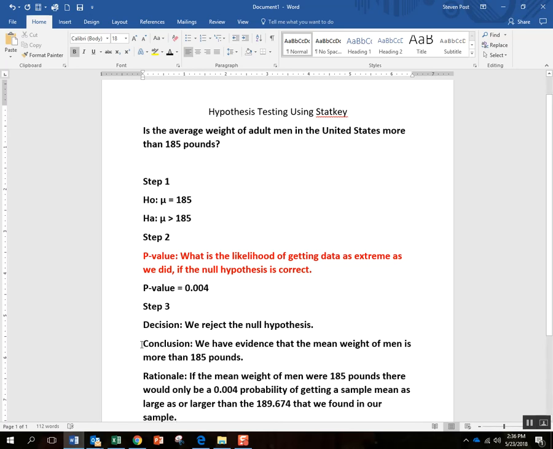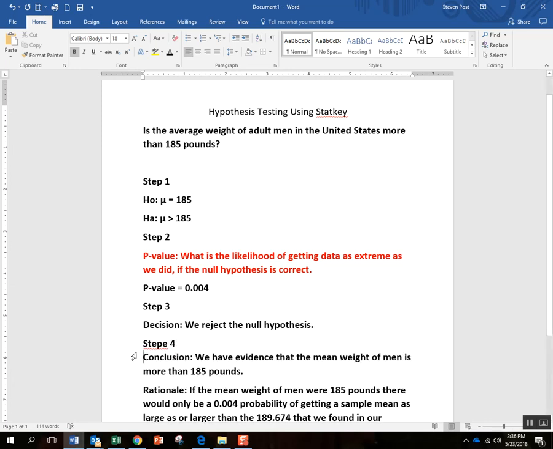So step 4 is the conclusion. And step 5 is the rationale.